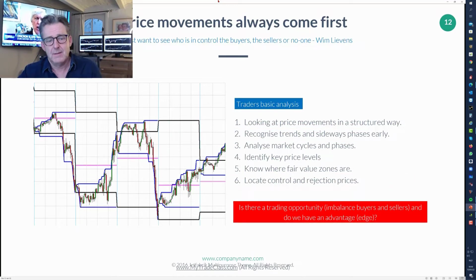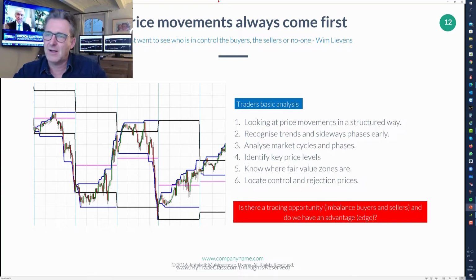Why? Because many people trade and analyze at the same time. Now you will say to me, well, that's normal, you know, I look at it, I analyze, and then I trade. And I understand what you're saying, but what I would like to do is to just take a moment and explain that these are two different things.